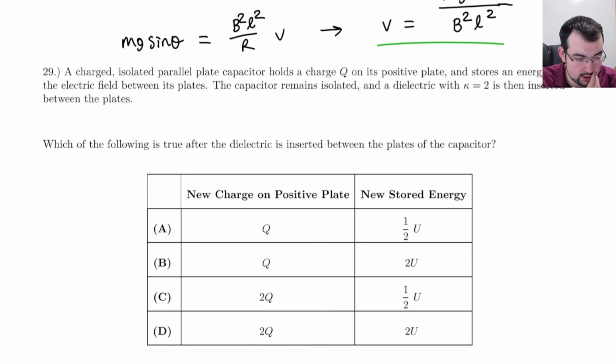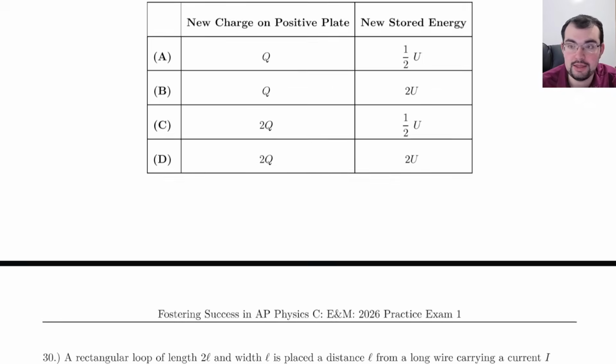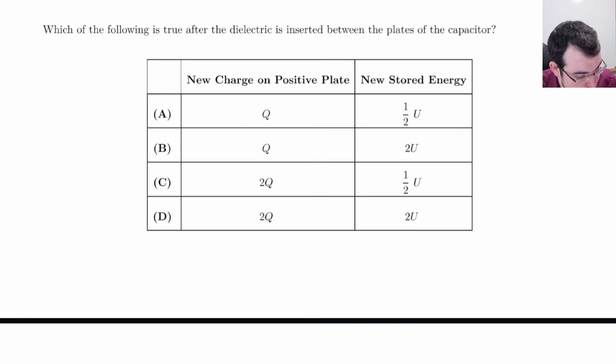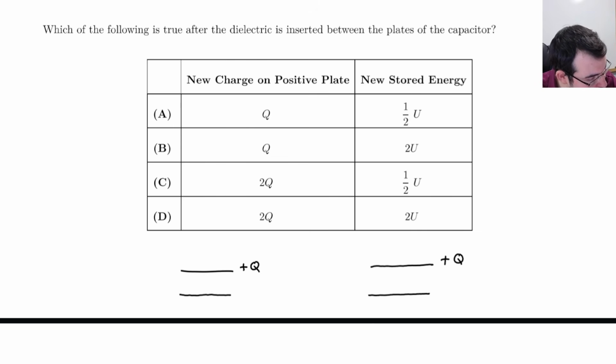All right, a charged, isolated, parallel plate capacitor holds a charge Q and has an energy U between its plates. The capacitor remains isolated and we stick a dielectric in. Okay, so before we're going to have a charged capacitor, and after we're also going to have a charged capacitor, except there's now a dielectric in.